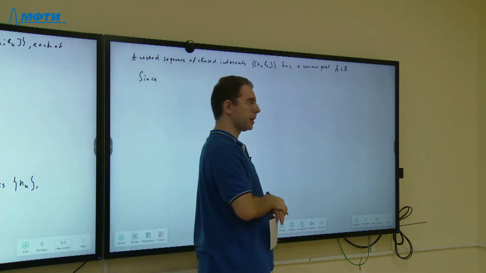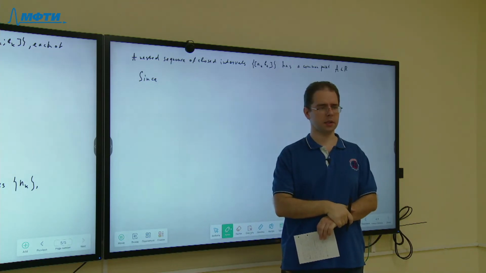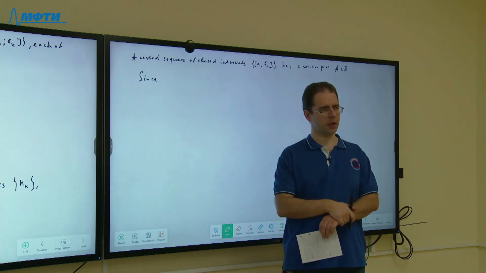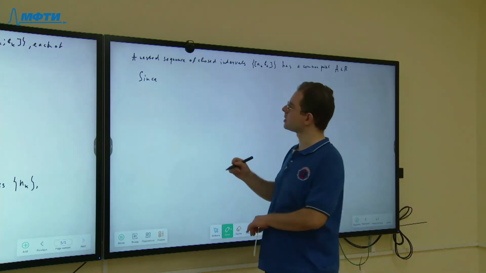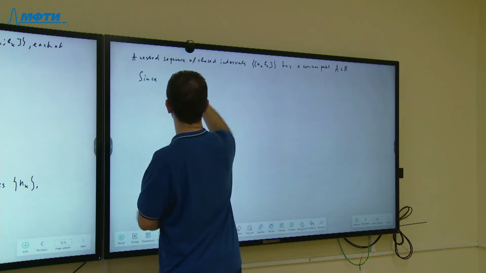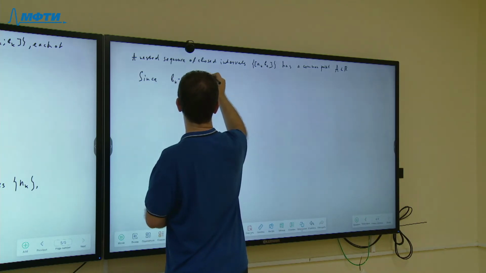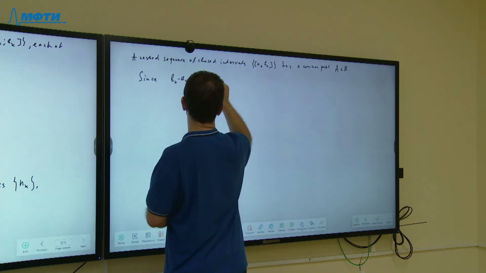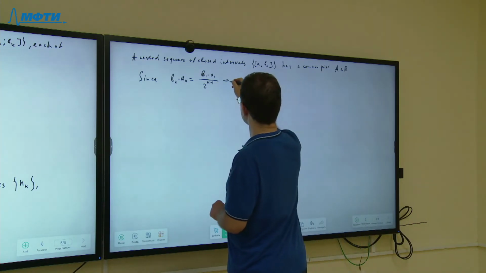Now, when I have constructed those intervals, on each step I divided the previous interval in half. So the length cuts in half on each step. So the length of the interval number k, that is bk minus ak, is exactly b1 minus a1 divided by 2 to the power k minus 1. And this sequence tends to 0.